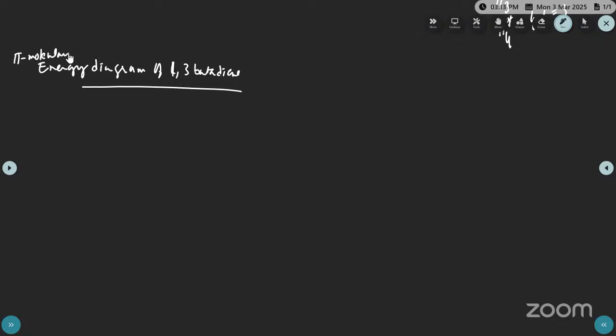See, this is the energy line. How many molecular orbitals are present in 1,3 butadiene?